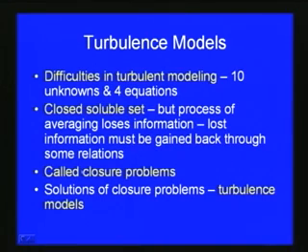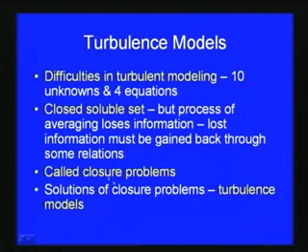In the process of solution, some of the information will be lost. The lost information, like the stresses, as we have seen the Reynolds stresses, some of this will be lost, and the lost information must be gained back through some other relationship. That is what we do in these turbulence models.